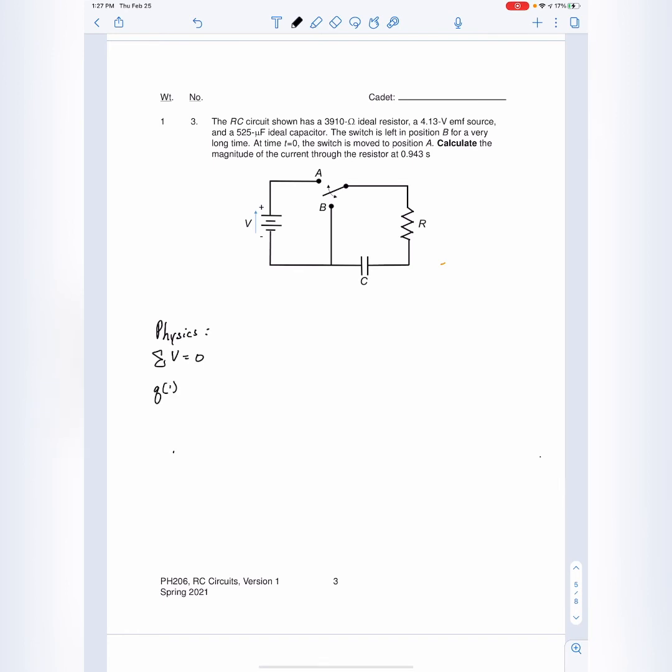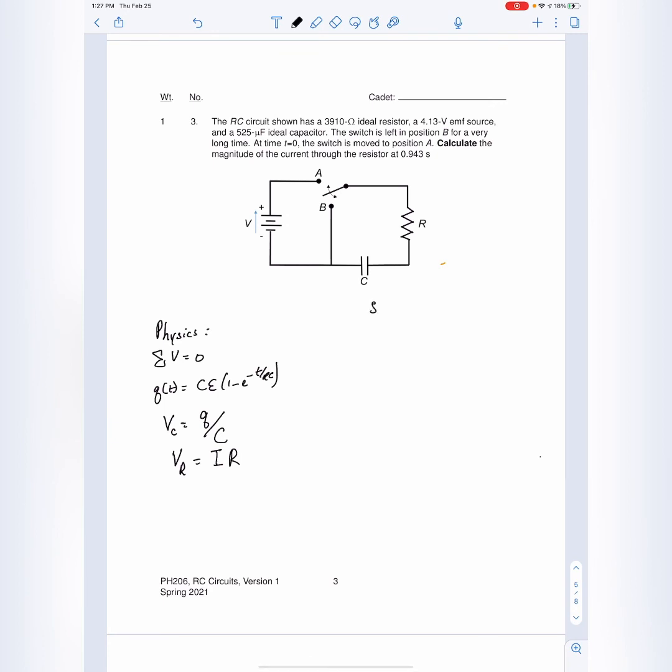Our awesome charge equation, our voltage across the capacitor equation, where at max charge, Q equals, and voltage across the capacitor equals charge over capacitance. And then our voltage across the resistor equation, where it equals I, current, times the resistance of that resistor.